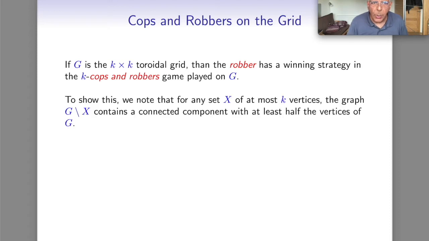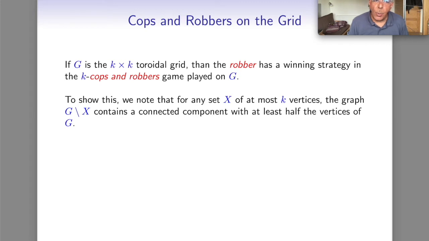And now I want to argue that on this k by k toroidal grid, the robber has a winning strategy to escape a team of k cops, right? So k is the number of rows or the number of columns in this grid. Okay, how do we show this? The point is that at any point in the game, at most k vertices are occupied by cops. So let X be a set of k vertices.